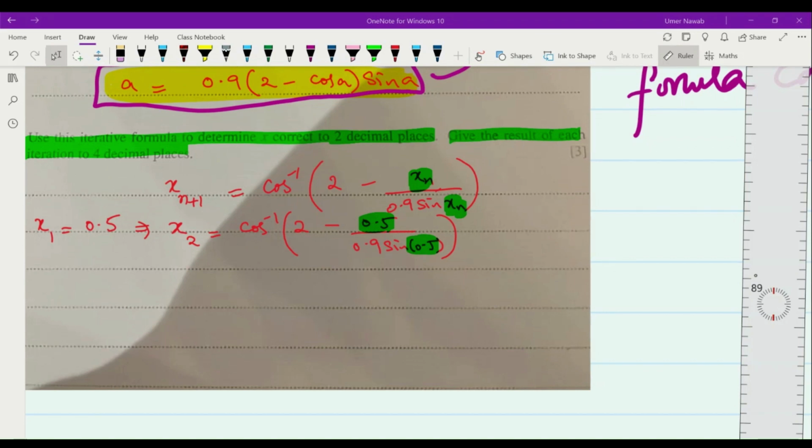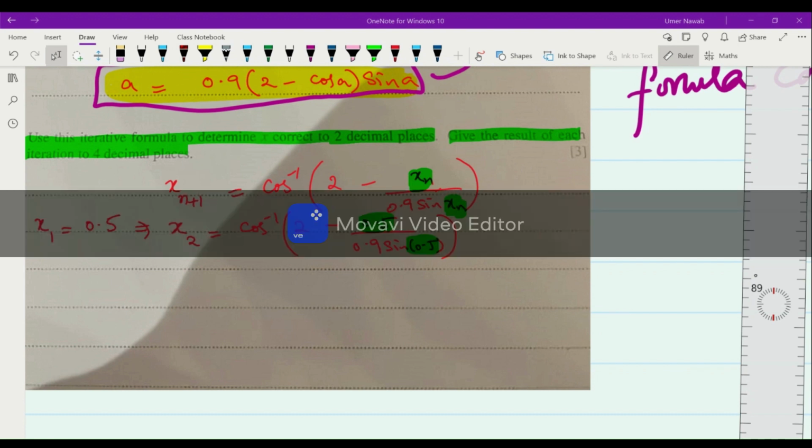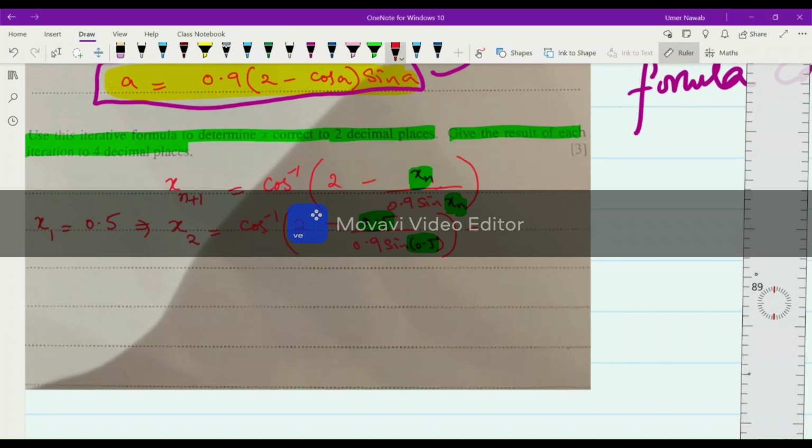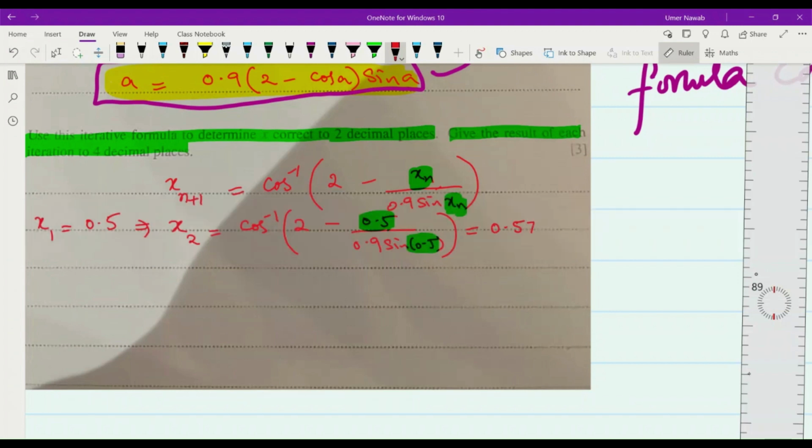So get your answer, 0.5712. We have to write every iteration to four decimal places, so 0.5713.